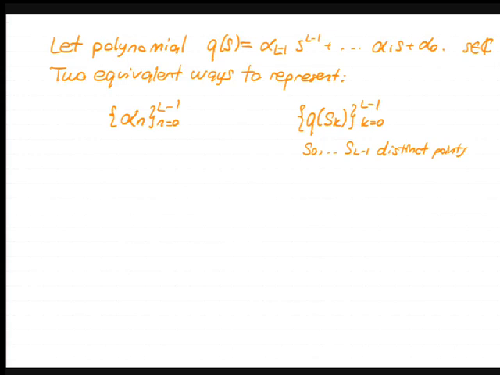Do you agree that these are equivalent representations? Can I recover one from the other? This side is easy, right? What do I do to go from that to that? Just evaluate your polynomial at those points. Evaluate Q of S. How do I go back? Interpolate.